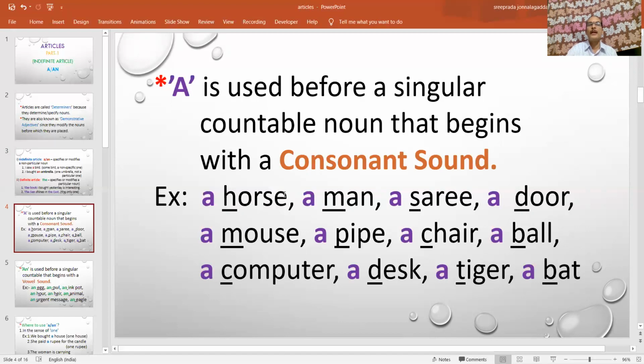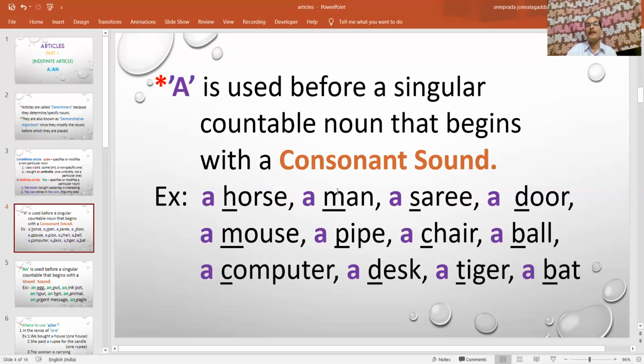a man, a saree, a door, a mouse, a pipe, a chair, a ball, a computer, a desk, a tiger, a bat. Here, look at the underlined letters in all the words. See, horse, it is beginning with the letter H, which is a consonant.